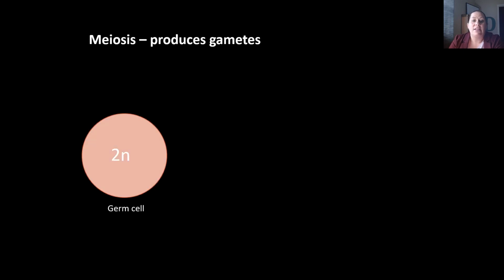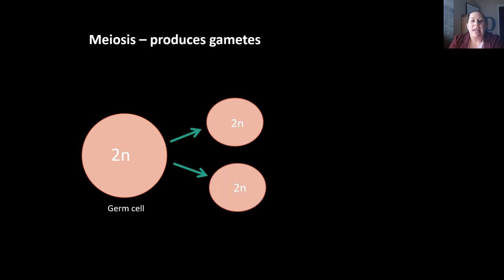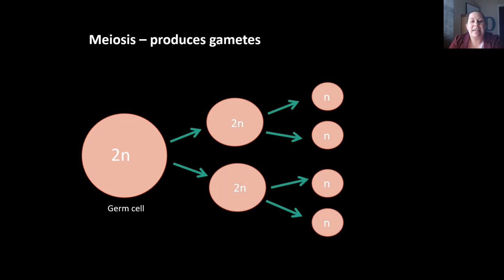So, the purpose of meiosis is to produce gametes, sex cells. We start first with a germ cell. These are located in the ovaries in females and the testes in males. This 2N germ cell is going to divide, and then divide again. This is what's key, and it's what makes it different from mitosis. It divides twice, and because it divides twice, it can ultimately produce 4 cells instead of 2.